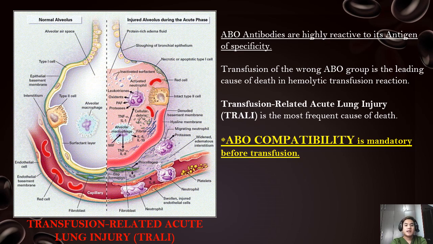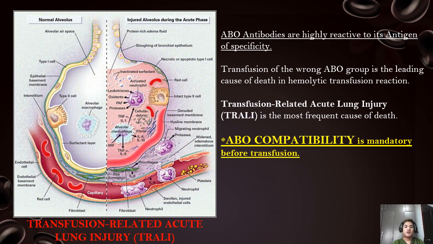Just like most antibodies, they are highly specific against their antigen of specificity. Given that a person should not have antibodies to his own antigens, but instead has antibodies to the antigen he lacks, it means that these antibodies have a high degree of reactivity or specificity to the mentioned antigens.